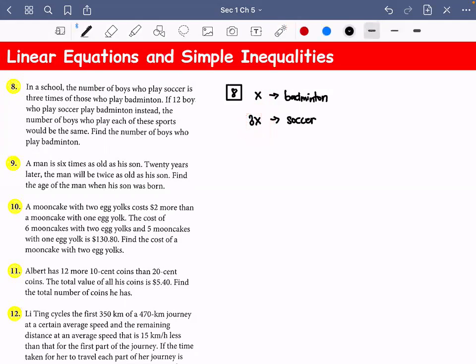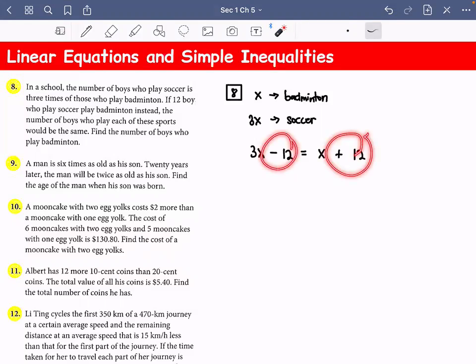So it should be 3x minus 12 is equal to x plus 12. Again, this is from the second sentence. Because if 12 boys joined badminton, that means 12 boys left soccer.